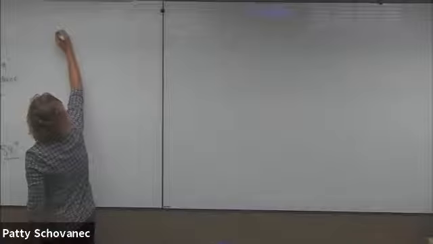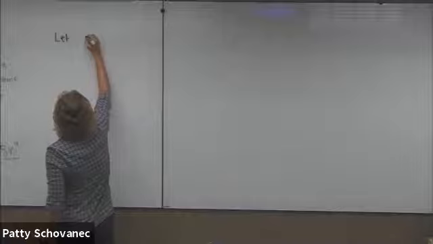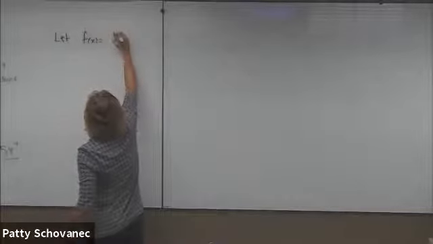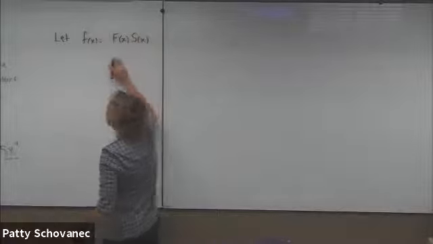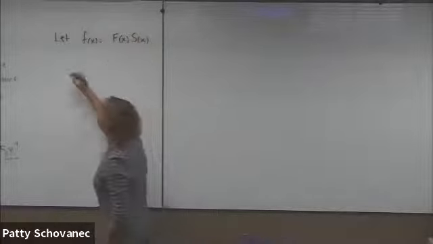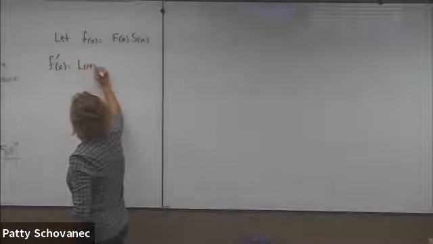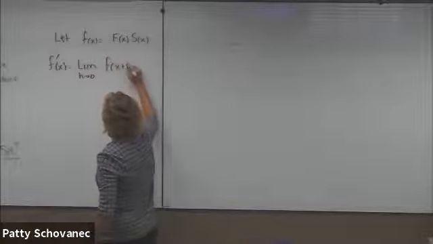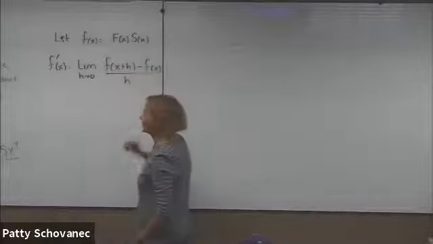I'm going to find, I'm going to use the notation I did before. A first term multiplied with the second term. Then by the definition, f prime of x is the limit as h goes to 0 of f of x plus h minus f of x divided by h.